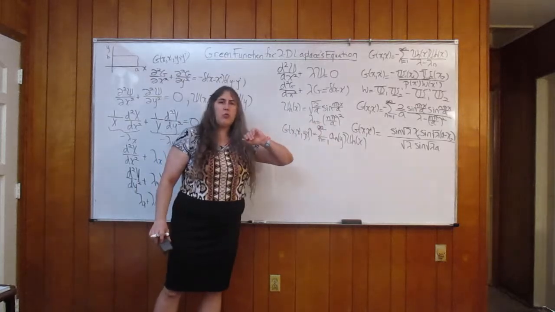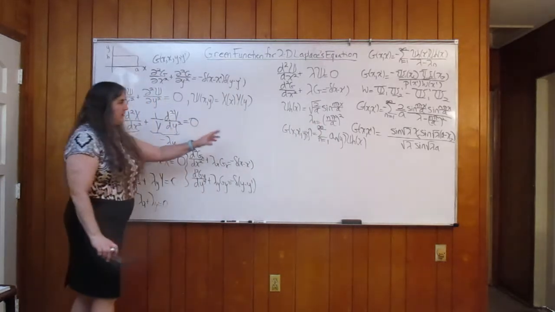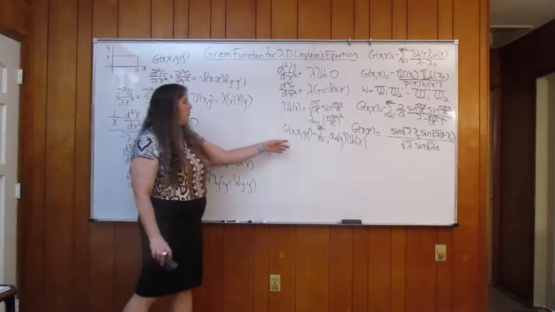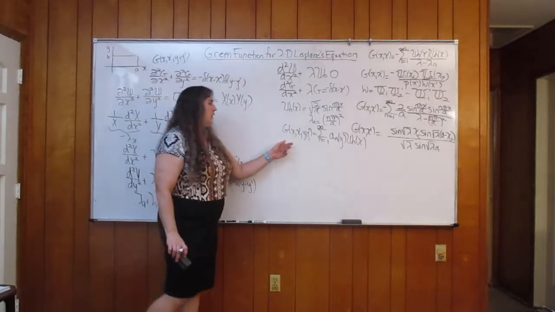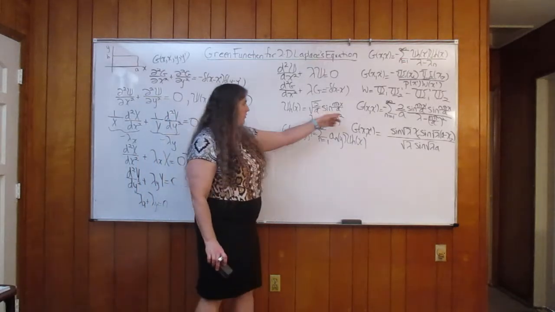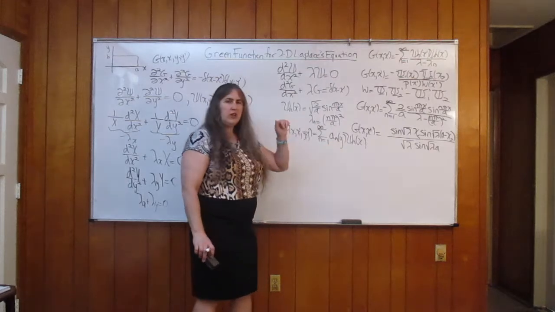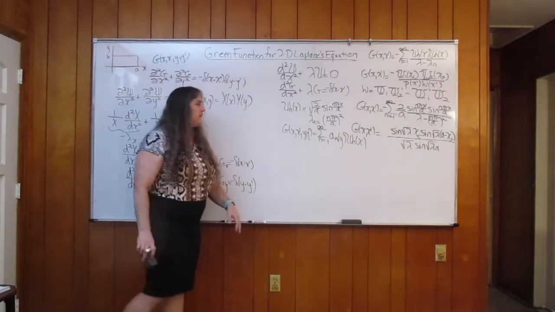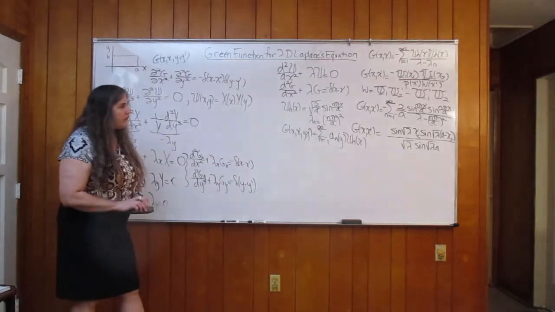It's going to be a function of y, okay? So that's the difference from before, when we wrote down the Green's function in eigenfunction expansions over here. This coefficient a of n obviously didn't have a y dependence here.